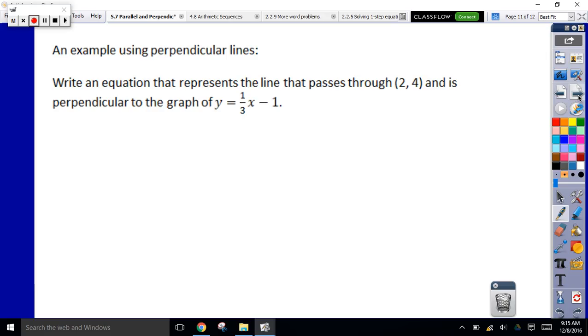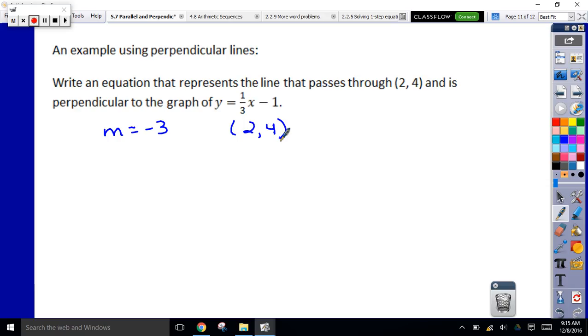Let's see. Hannah. -3. It needs to be the negative reciprocal of this, so it would need to be -3. So we're going to need a slope of -3, and our point is (2, 4). So what kind of equation would be best for me to write? Sam. Easiest for me to write. Point slope, good.